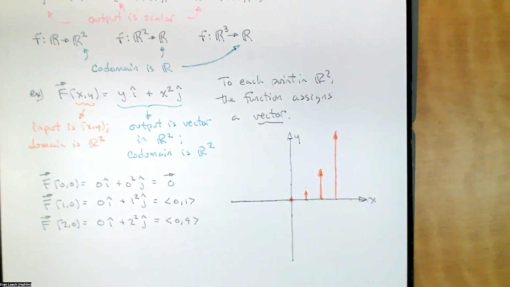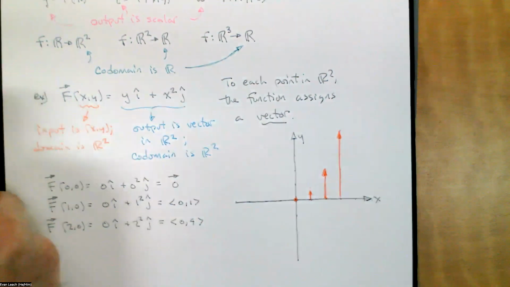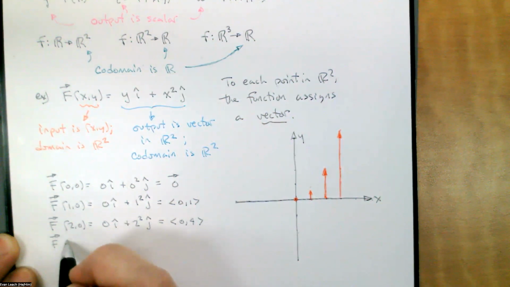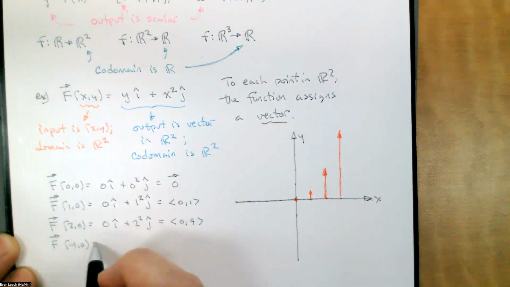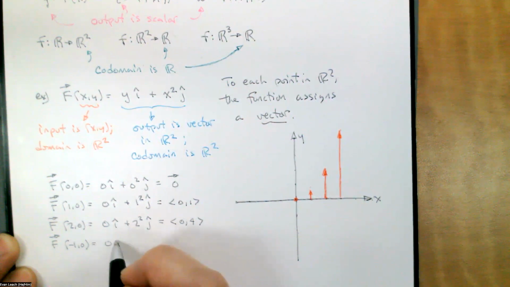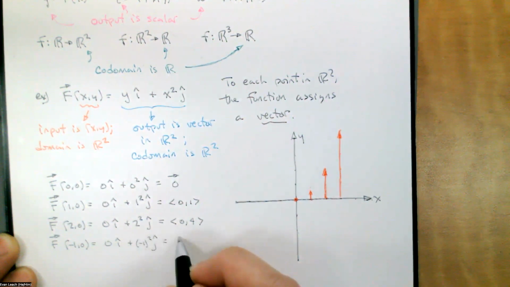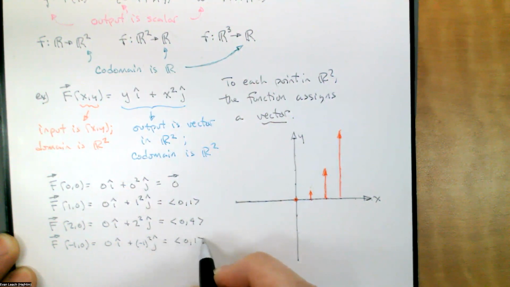If I plot some values on the other side, let's say the point negative 1, 0, y is still 0. So I get the vector 0, 1 again.